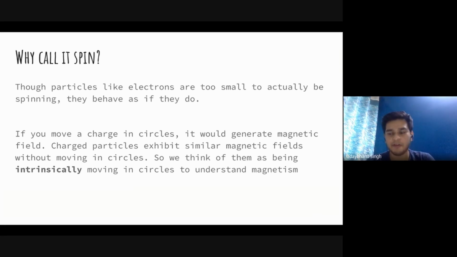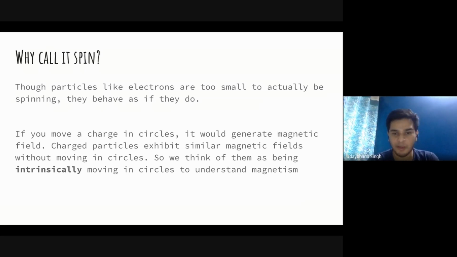Because we had no idea what dark matter is. So we called it dark matter to signify that we can't see it, we can't observe it directly. So usually when scientists name things, they try to name it so that things can be understood intuitively from the name itself. So why name this property that particles have spin when particles actually aren't spinning? That's what I want to talk about right now.